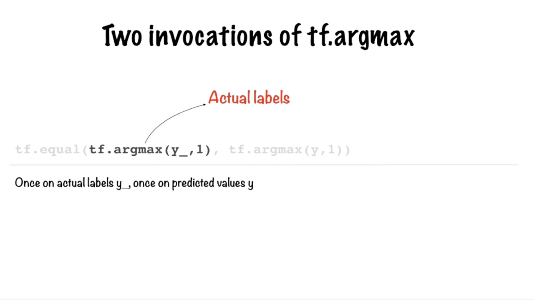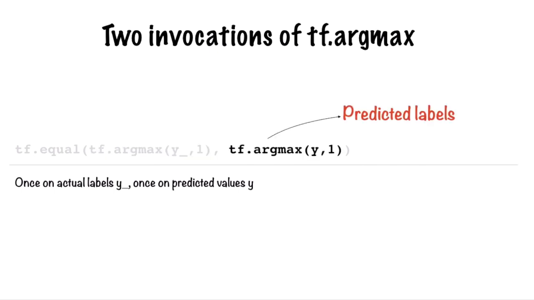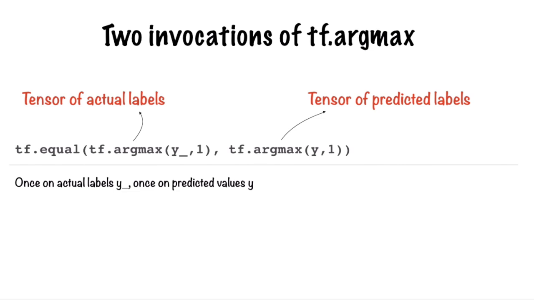Let's get back to our code where we invoke tf.argmax twice, one on the actual labels in one hot notation and the other on our predicted labels, which have probabilities for each output value. Both of these are tensors of actual and predicted labels. The result of applying tf.argmax to each of these tensors will give you a list of zeros and ones.